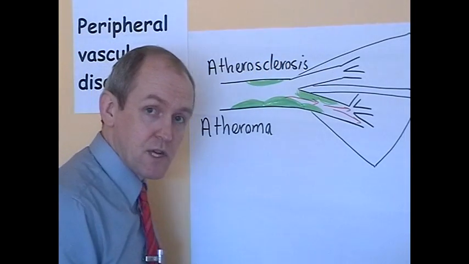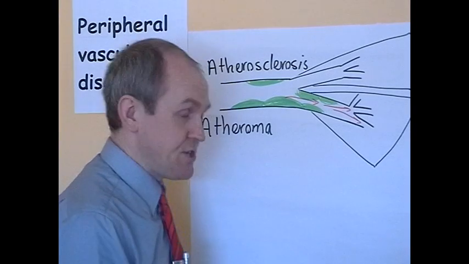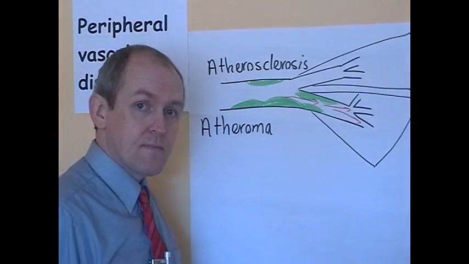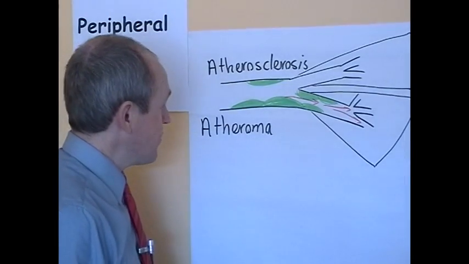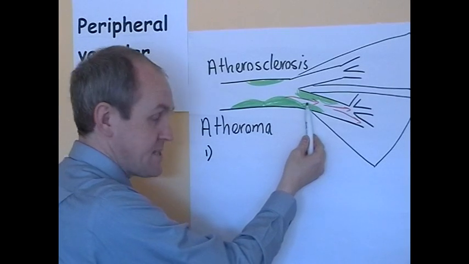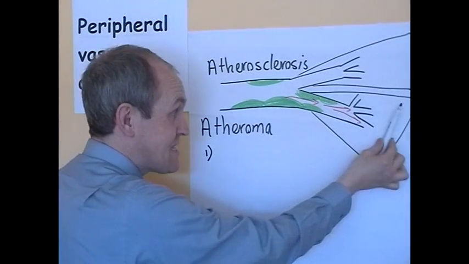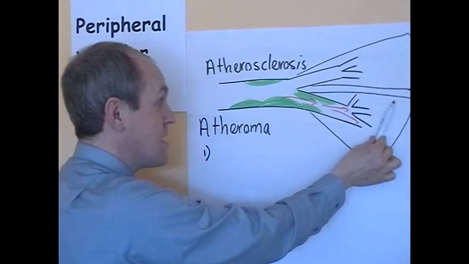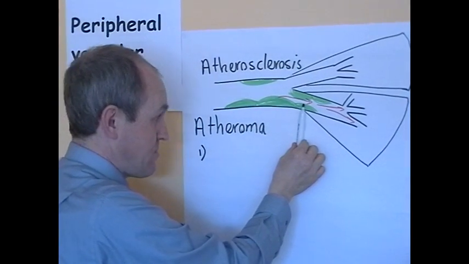So in atherosclerosis, there is deposition of atheroma in the lumen of the vessels. Now, one effect this has is that because the lumen is narrowed, there's going to be less blood getting through to the tissues which are distal to the arterial narrowing.